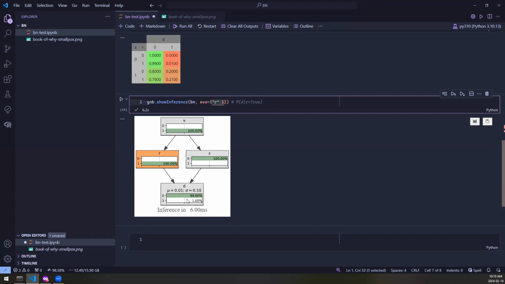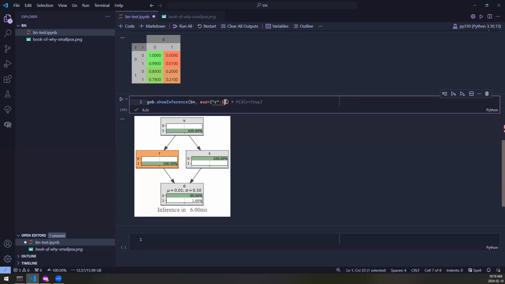So we see here the probability of death is 1%. Death true means 1%, 99% it's false. So if all those children developed some kind of reaction.